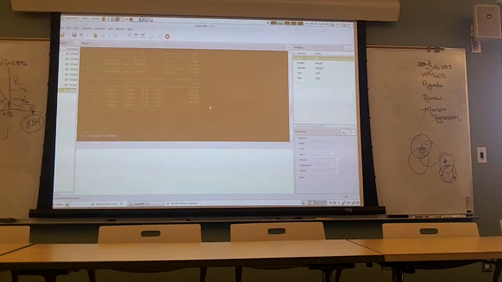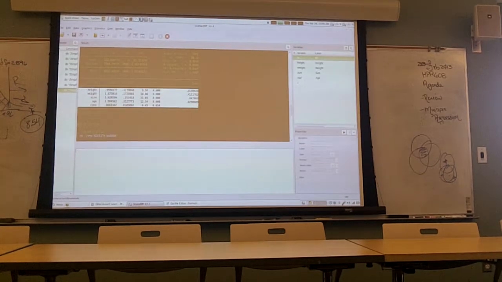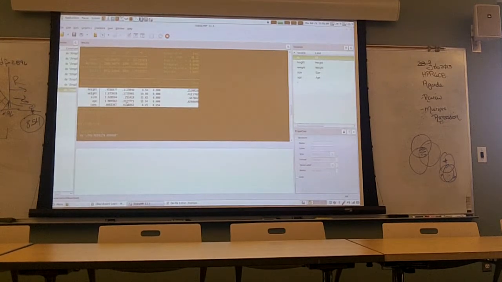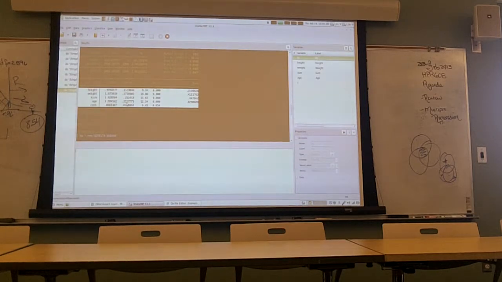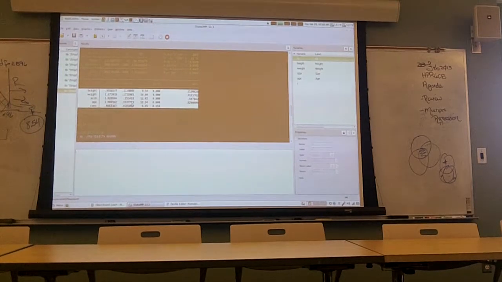Let me be very concrete about that. See this standard error for age? See how it's the biggest? Why is that the biggest? It's the biggest due to multicollinearity. This is about 14 times larger than it would be if these variables were not present in the data.